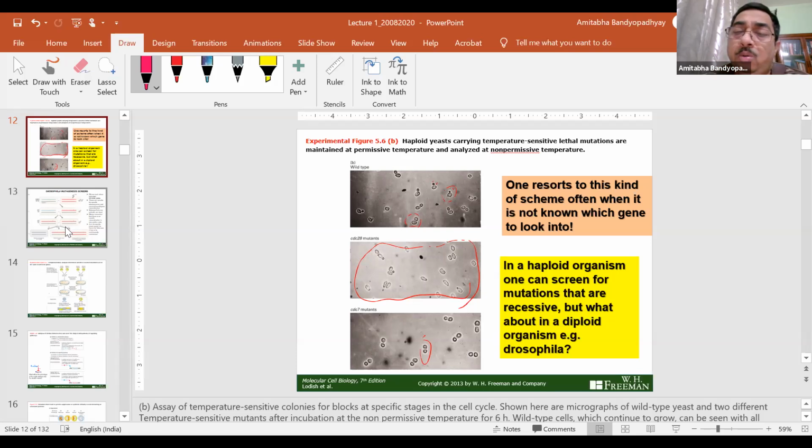Now, you do complementation analysis to figure out how many complementation groups are present. Then, with the assumption that each complementation group is mutated in one particular gene, you take one member from each of the complementation groups, transform them with a library of yeast genes, and then you look for which transformant, if any, is now behaving wild type for the criteria that you have set.